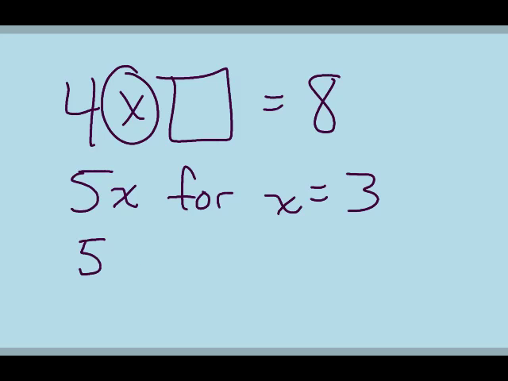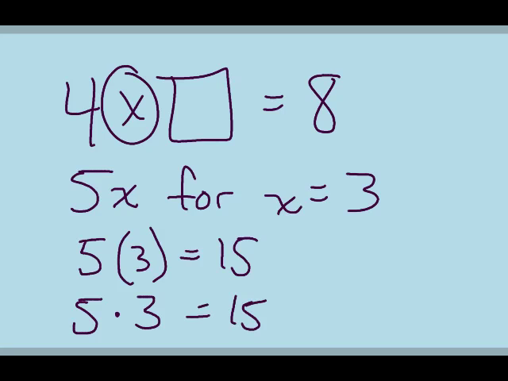One way to write it is if we put it in parentheses right next to it. This means the same thing as this. When I have two numbers smushed together like that with parentheses, that means multiplication. So it can be 5 times 3 is 15. Another way to write it, which you're going to see a lot, is I actually use a small dot. 5 dot 3 also means multiplication. So these are just two new ways to write 5 times 3.